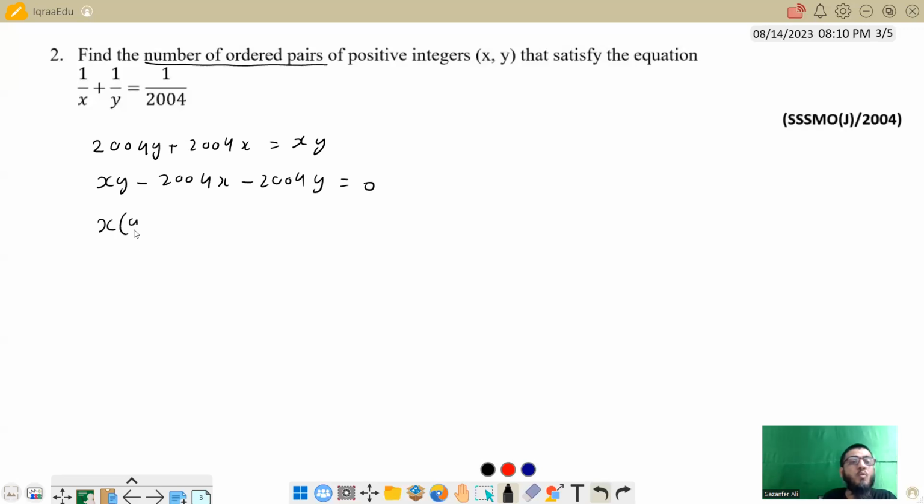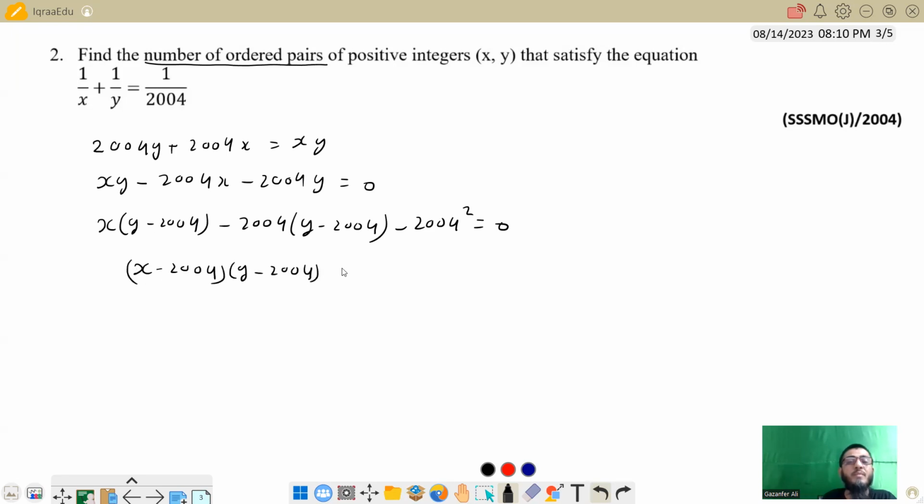So x common, y minus 2004, minus 2004 common, y minus 2004, so minus 2004 square is equal to 0. So we get x minus 2004 multiplied by y minus 2004 is equal to 2004 square.